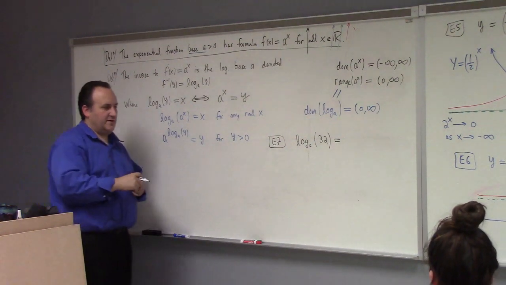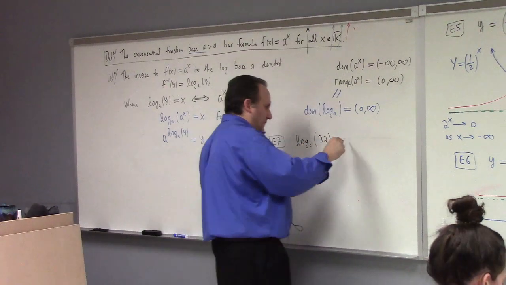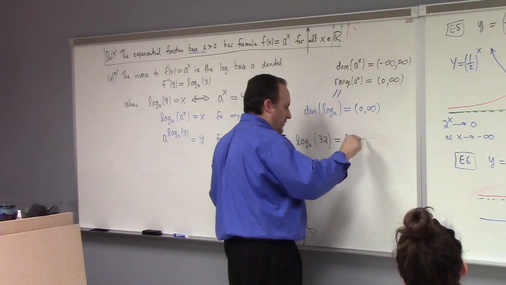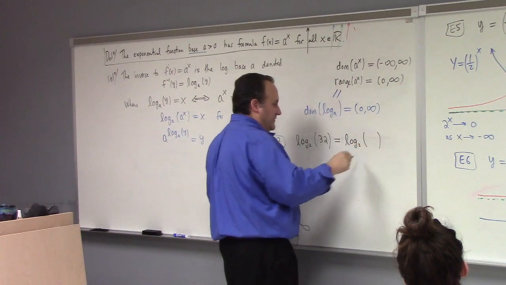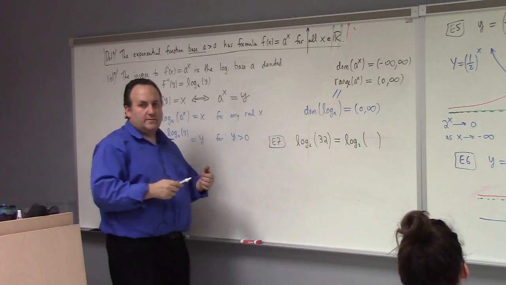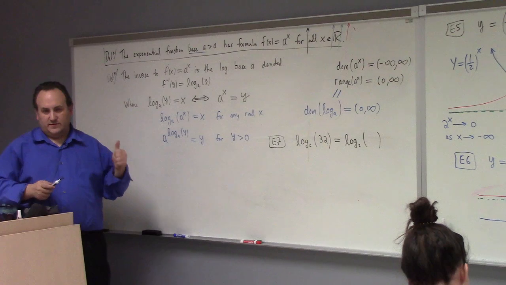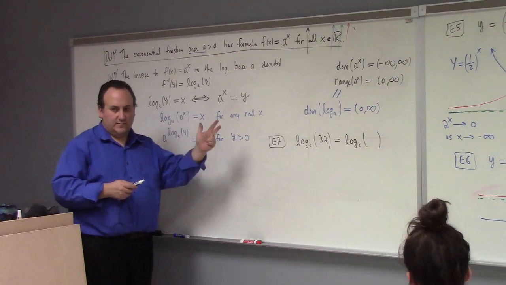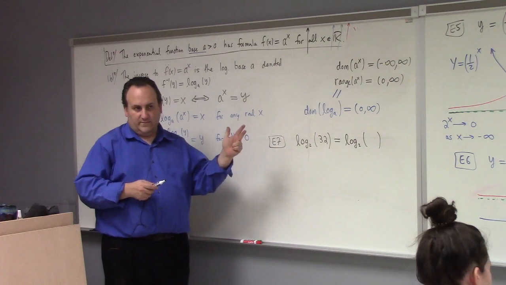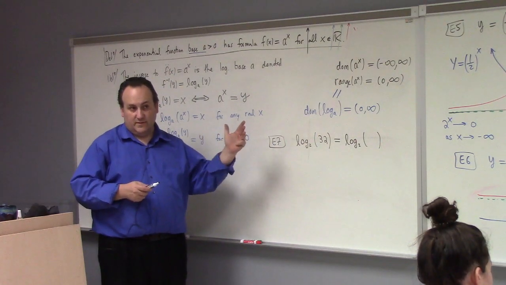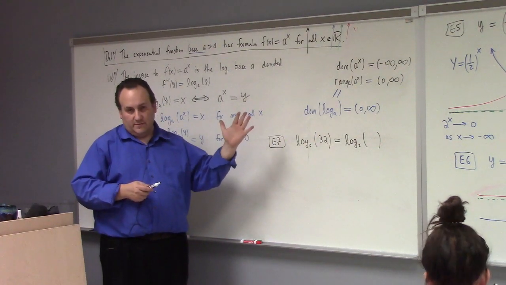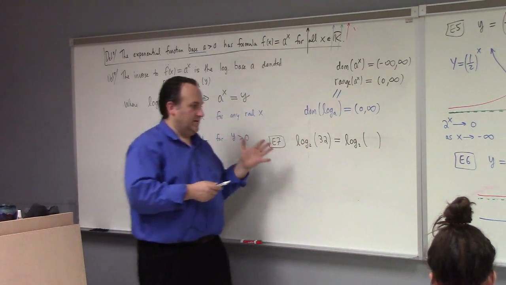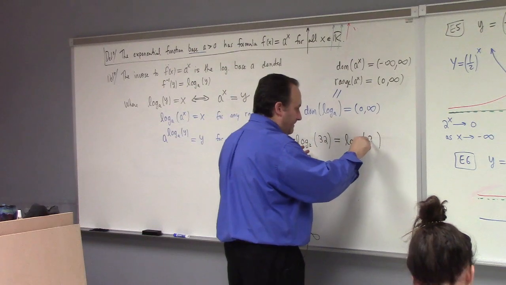But this one we don't need the calculator for, because we can use the basic definition. This is log base 2 of what? 2 to what power is 32? 2 times 2 is 4. There's 2 of them. Times 2, 4 times 2 is 8. 8 times 2? 16 times 2? 32. 32 is 2 to the power 5. 2 to the 5.